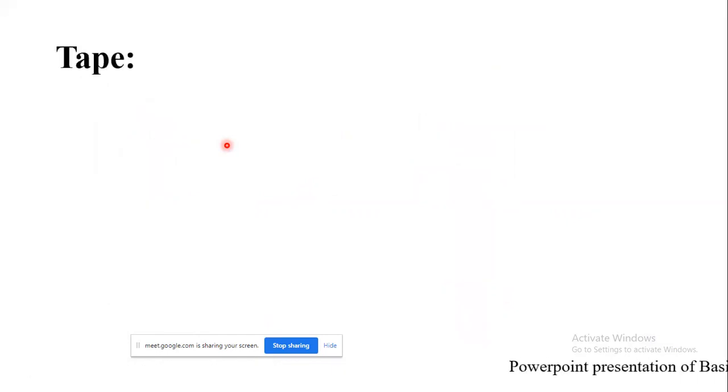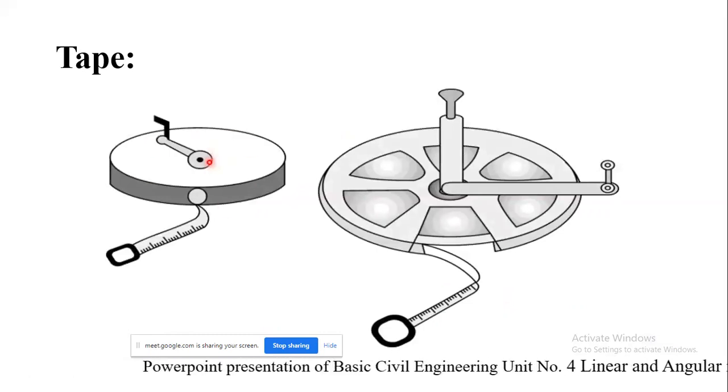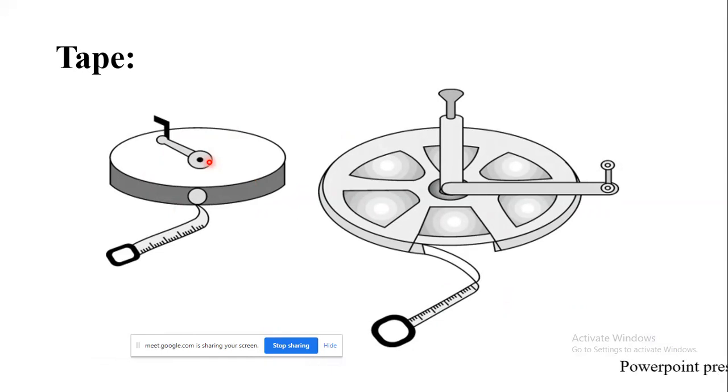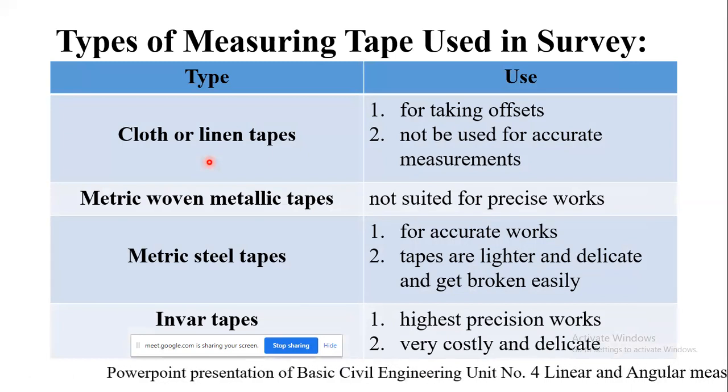Next is the tape. Such tapes we have seen. There are various types of tapes: cloth or linen tape, metallic tape, steel tape, invar tape. In the starting I showed you pocket tapes and rounded tapes.